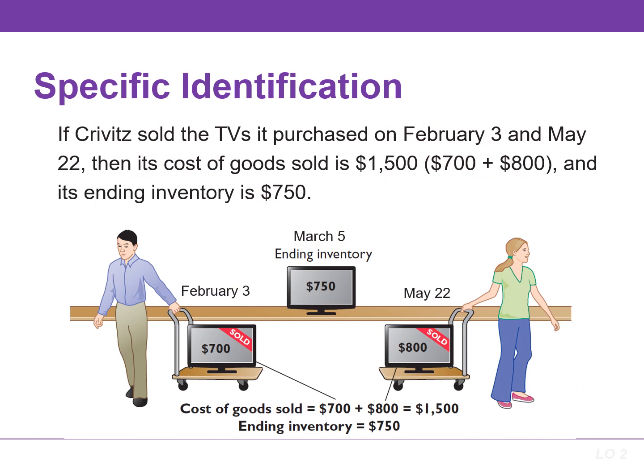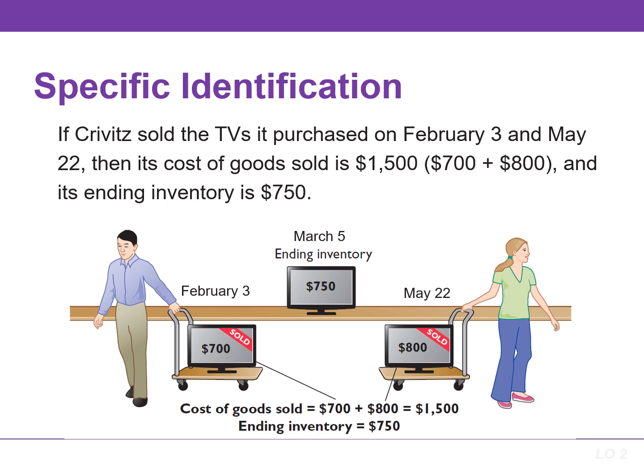If this company can positively identify which units it sold and which are still remaining in ending inventory, it can use the specific identification method. If the company sold the TVs purchased on February 3rd and May 22nd, then its cost of goods sold is $1,500, $700 plus $800.